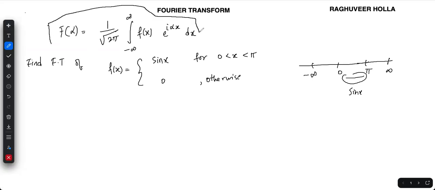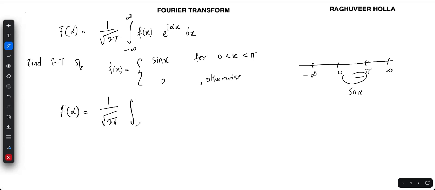Using this, let us find the Fourier transform. F of alpha is 1 by root 2 pi, integral 0 to pi, sine x e to the power of i alpha x dx.